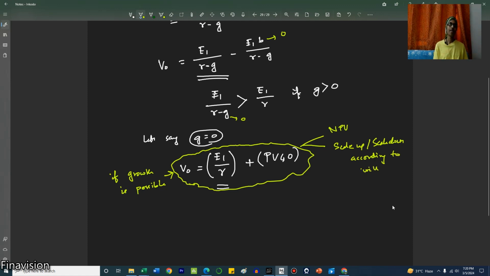Can the timing be adjusted? Timing control is there. So basically one factor is the value and the second is the flexibility, scaling up or scaling down and changing the beginning time and ending time according to the will, right? So these two factors mainly determine the present value of future growth opportunities.